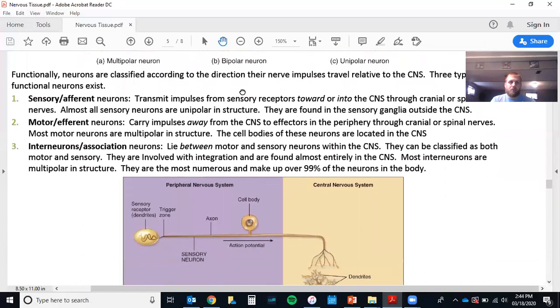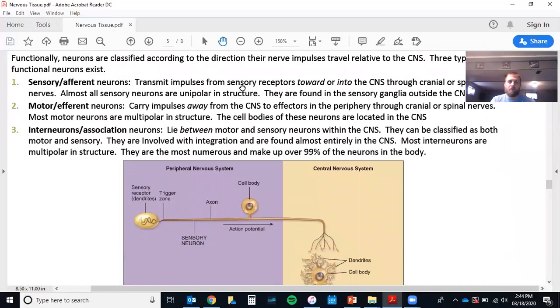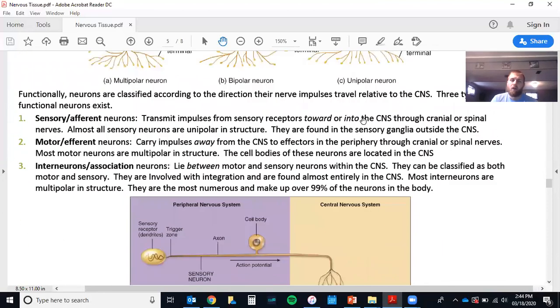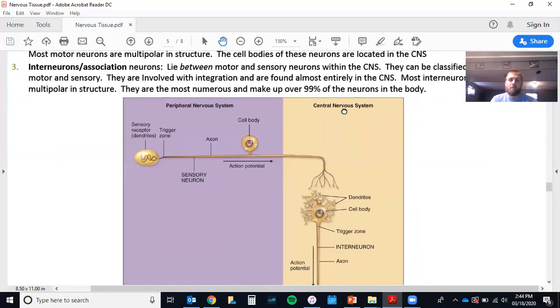All right, at the bottom here we show the functional classification neurons, which is based upon the direction in which they carry their nerve impulses relative to the central nervous system. First type I'll talk about are the sensory neurons, which both bipolar and unipolar can be. More than likely, it is going to be unipolar, which is what we're showing here, carrying signals into the central nervous system.